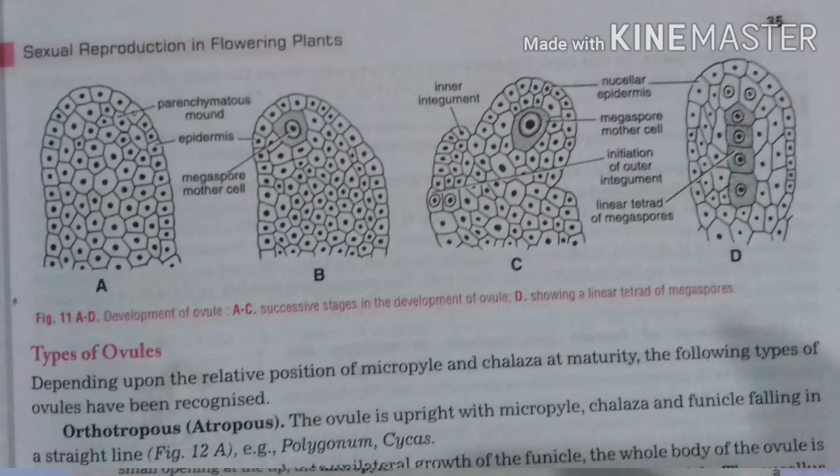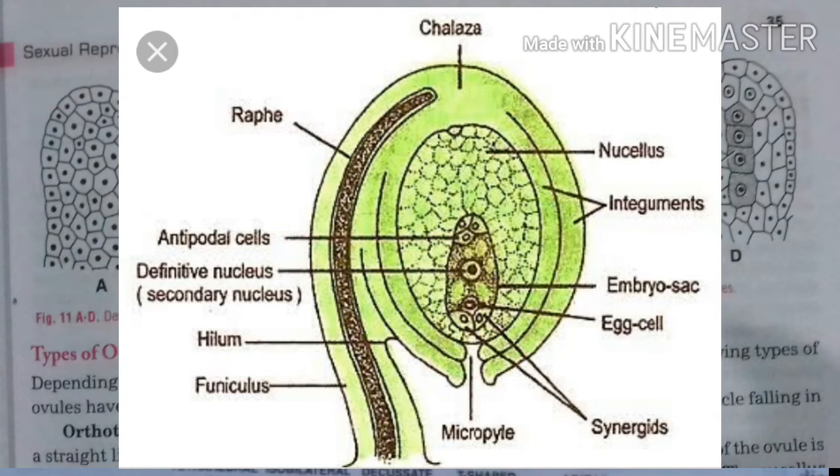Now I am explaining structure and development of the ovule, the megasporangium. The ovule has a massive parenchymatous body called nucellus. It is enclosed and protected by one or two sheaths called integument.